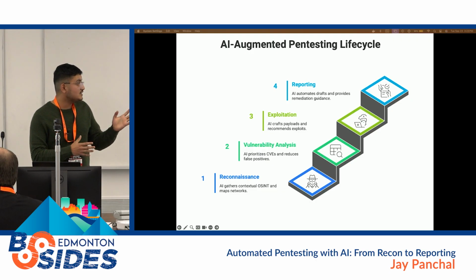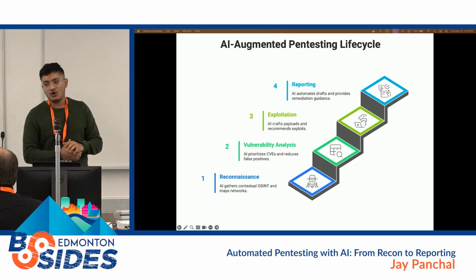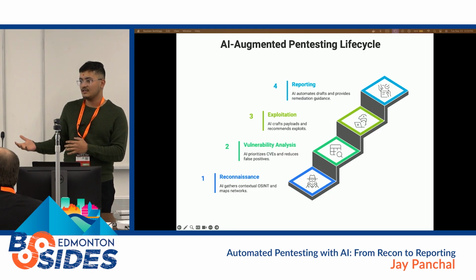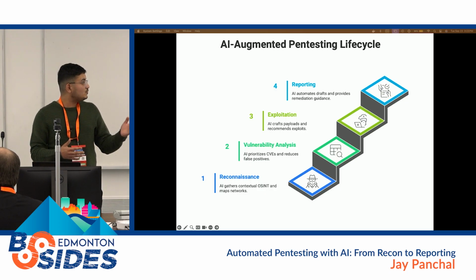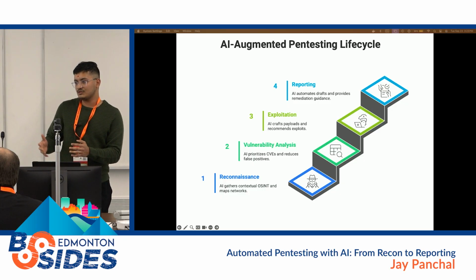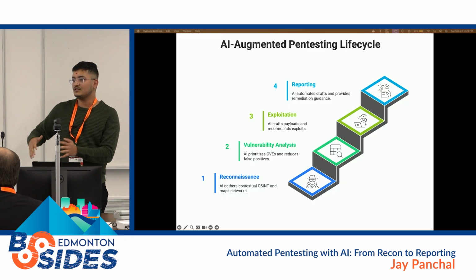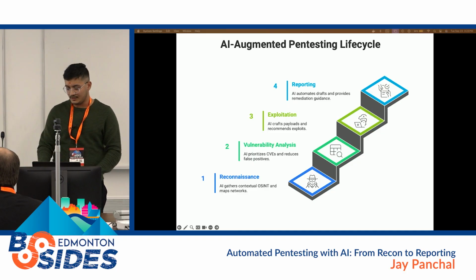The final phase is reporting. After you have done the exploits and everything else, you need to make a report. Making the report is the most time-consuming part, taking 30 to 40% of the total time, so my main concern is how we can reduce reporting time using AI.